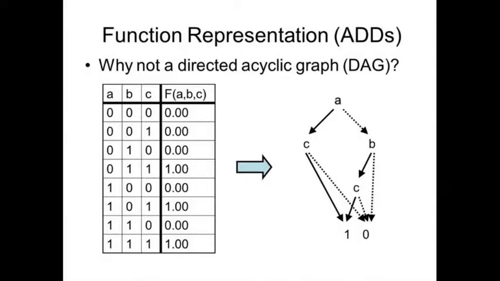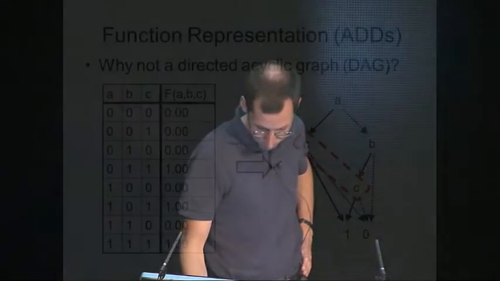And with simple hashing, if every node is represented by the decision variable and the ID of its true branch, sorry, I didn't say earlier that solid is true and dashed is false. So if every node is represented by the ID of the variable and the ID of the true branch and the ID of the false branch, I can just hash. And I note that these two functions are exactly the same function. Same variable test, same high and low branch. And so I can merge these. Okay?